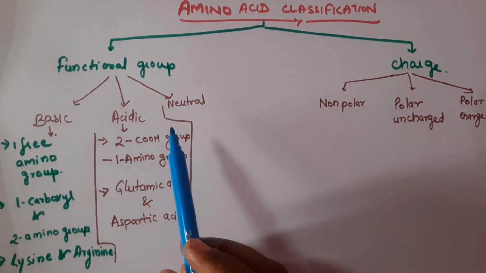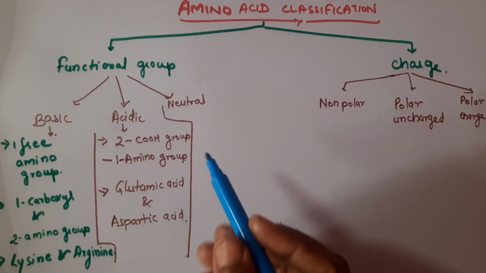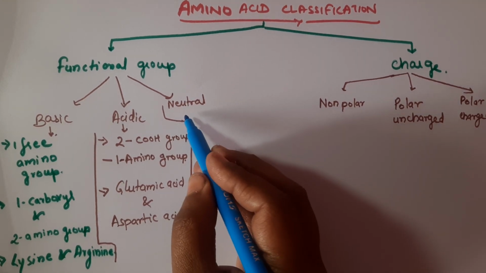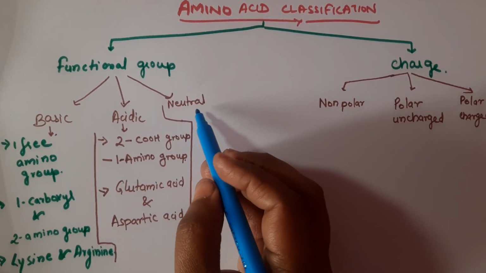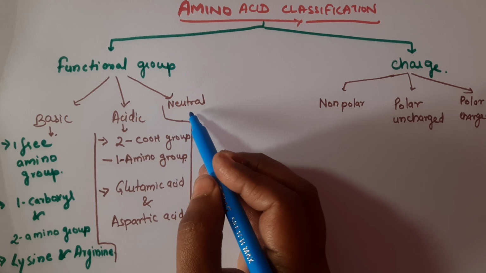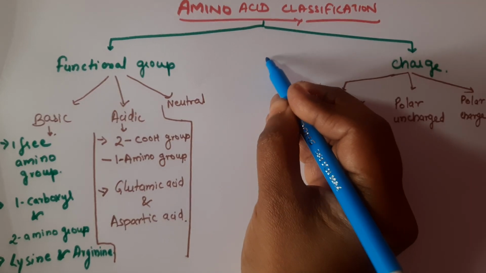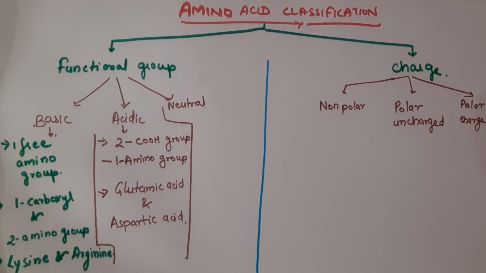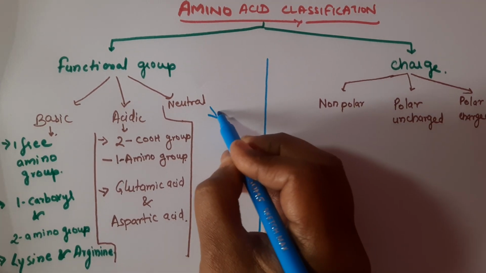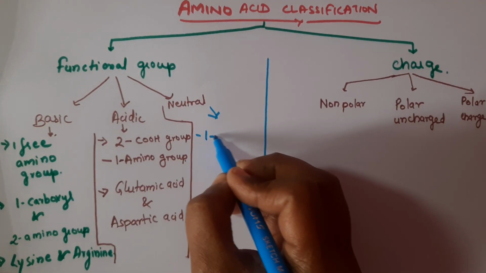The third kind of amino acid based on the functional group is the neutral one. Okay. So the neutral amino acid, they consist of single carboxyl and I will draw just a line to differentiate. So the neutral one, they have only one carboxyl group.